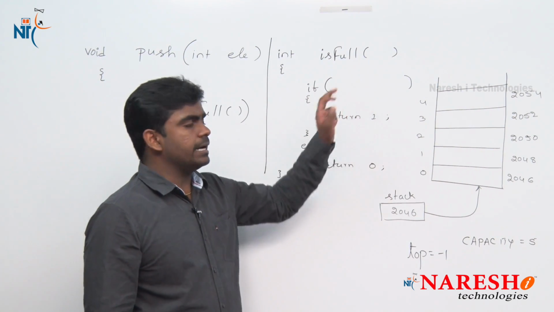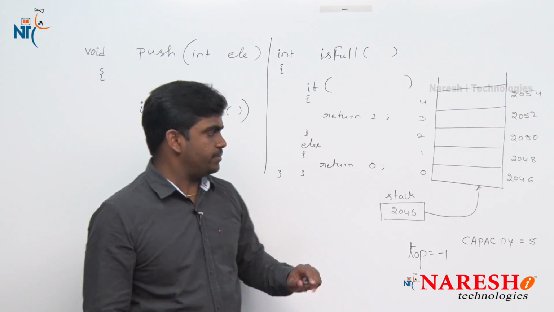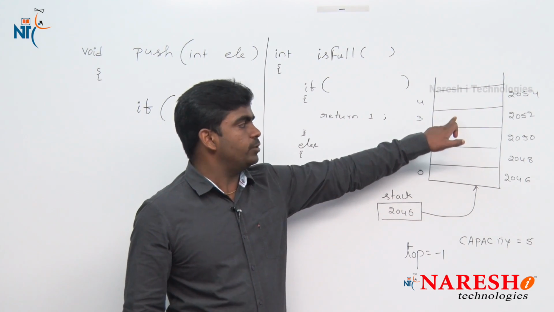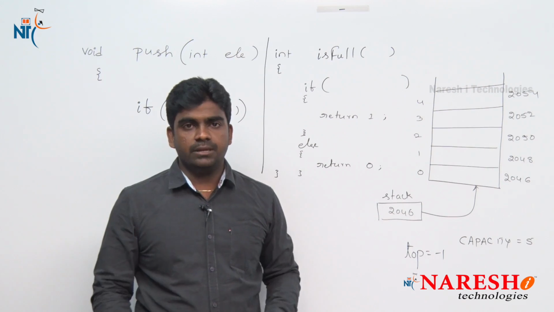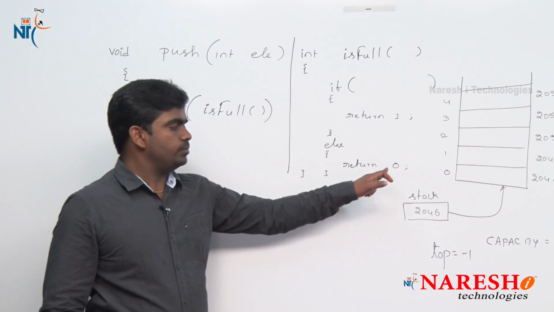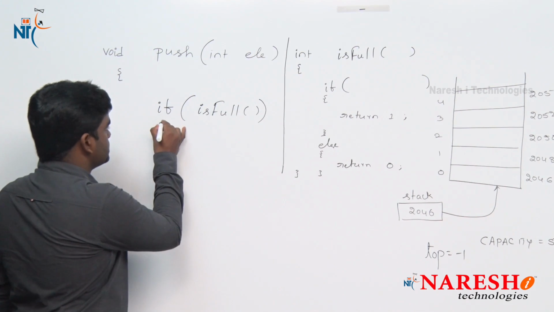As of now, put the condition aside. Now observe. First of all, the stack is not full, the stack is empty. So whenever you call isFull, it returns 0. So the if block fails.